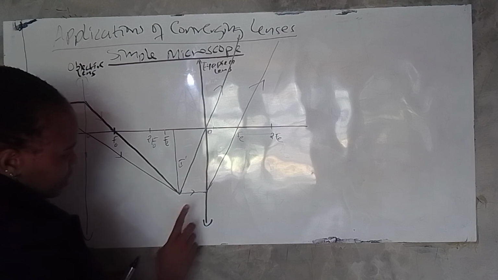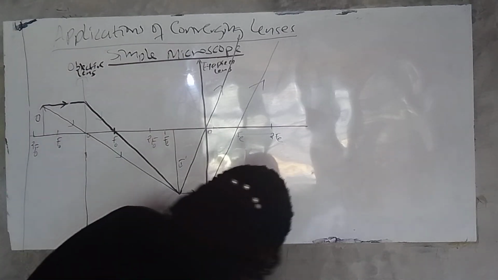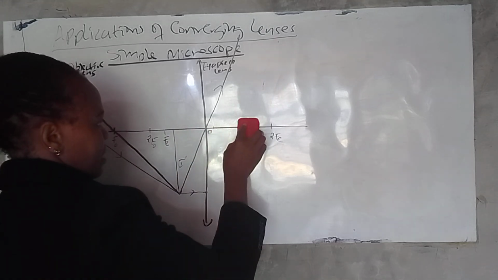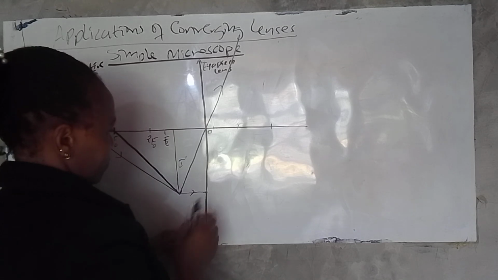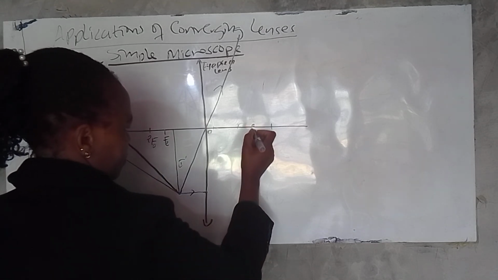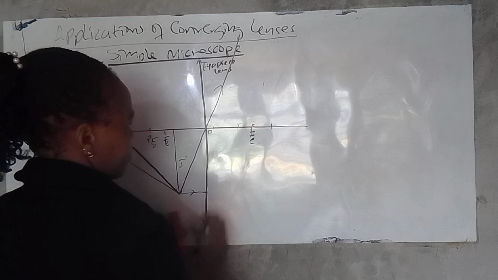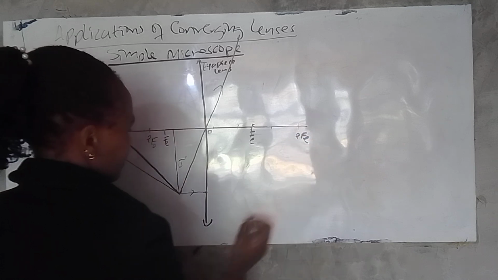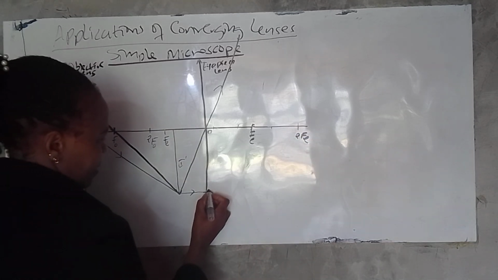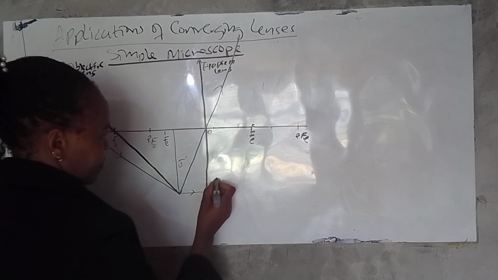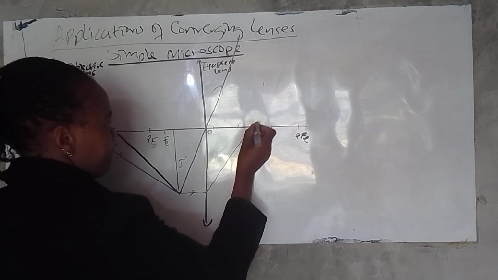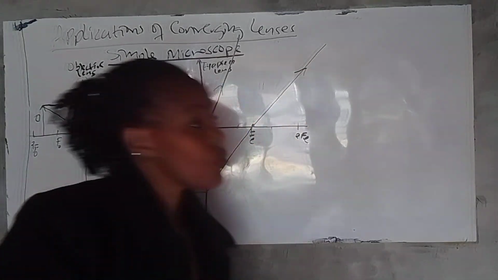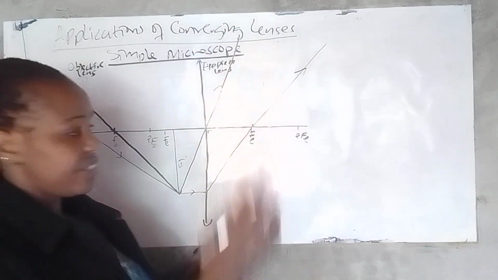Now, the two lines are diverging. This principal focus is too close. It's not as the other one. Let me take it further away. So now we have something like that. That's much better. So we have two refracted rays that are diverging rays. Okay.